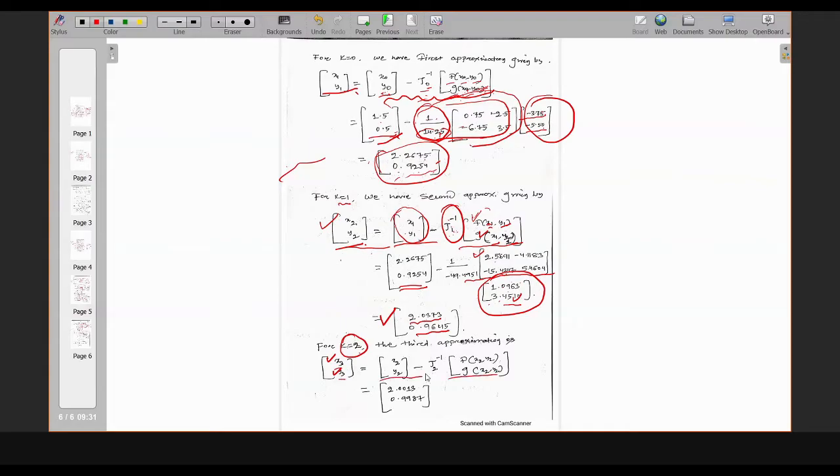And what you need to do here: x2 and y2 you already obtained in the second iteration, and you only need to find the Jacobian inverse at the point x2 and y2, and also the function values, that is f and g at the point x2 and y2. Then you find these two values, and then you multiply, and after multiplying, you simplify to get this value. So this is your third approximation to the root of the equations by Newton's method.